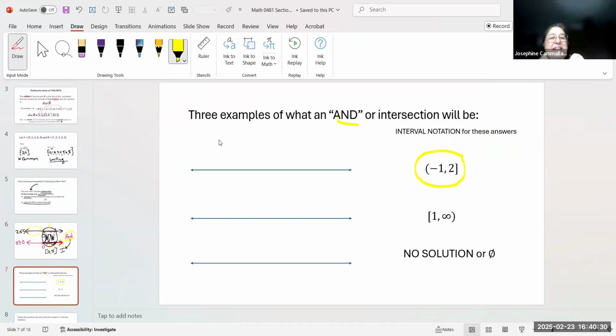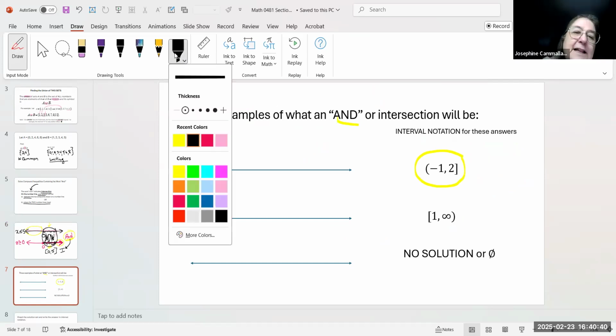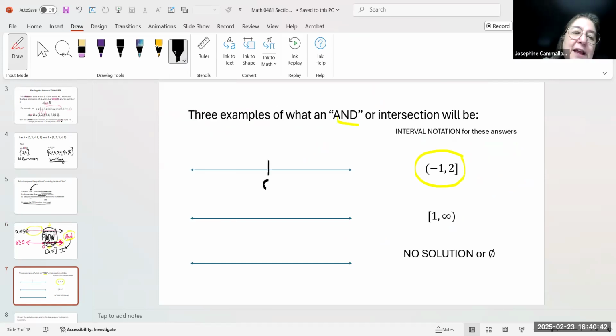Now, this is where I'm going to take and use two different colors. I'm going to draw everything on one number line.